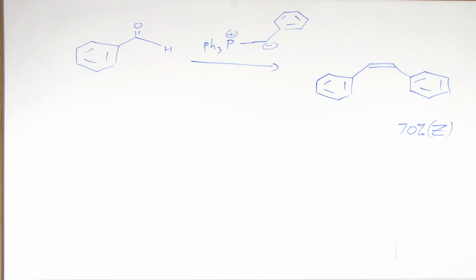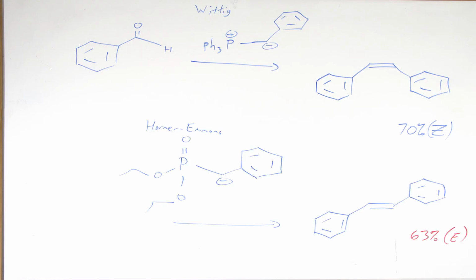This is a variation called the Horner-Emmons reaction. Rather than using triphenylphosphine, this is the Wittig, we're going to use basically an alkyl version of a phosphonic acid.